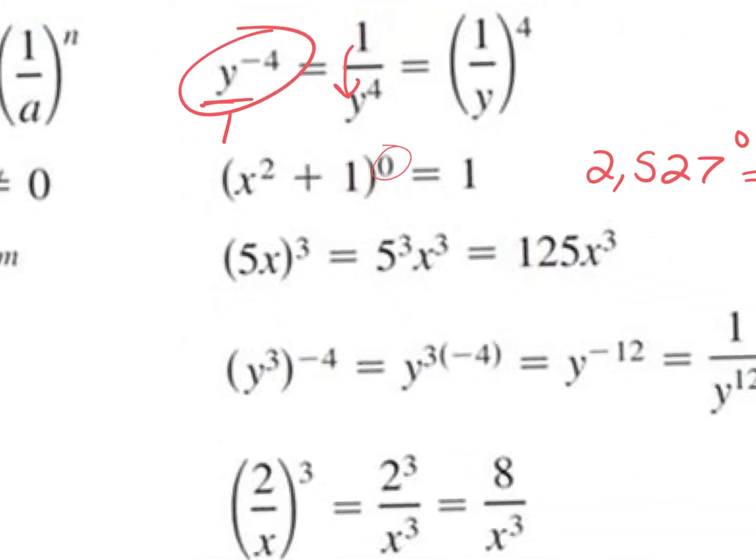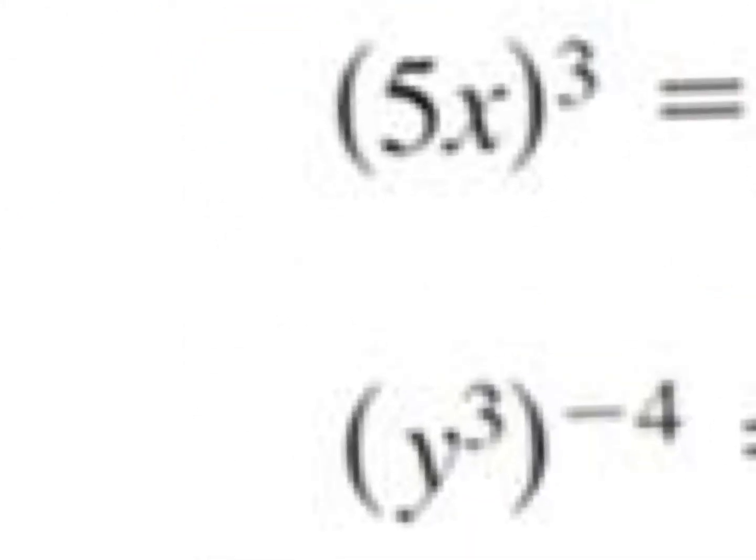Now, how is this different from this? How are those two expressions different? What do you notice? Okay, the parentheses. Those parentheses make a huge, huge difference. Right now, the one in red says 5 times x to the third power.